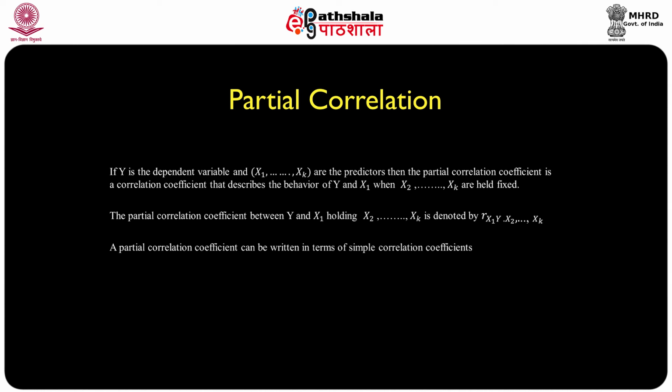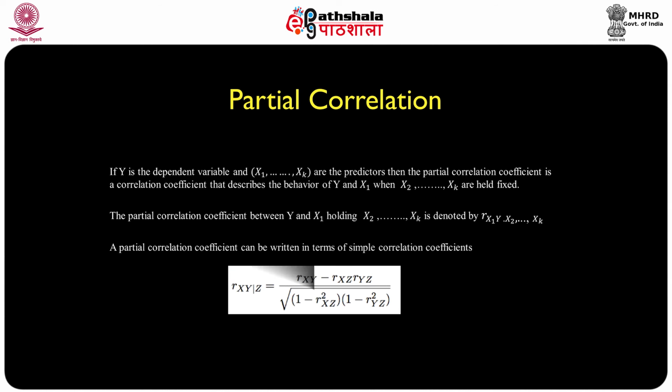And next we have partial correlation. If y is the dependent variable and x1, x2, ..., xk are the predictors, then the partial correlation coefficient is a correlation coefficient that describes the behavior of y and x1 when x2, x3, ..., xk are held fixed. The partial correlation coefficient between y and x1 holding x2, x3, ..., xk fixed is denoted by lowercase r y x1 dot x2, x3, ..., xk.